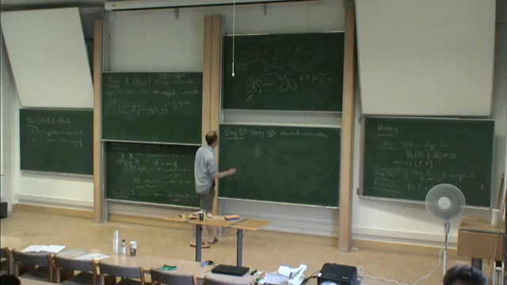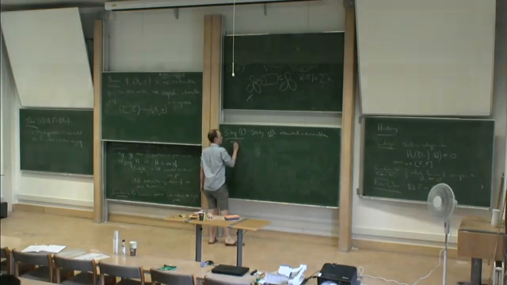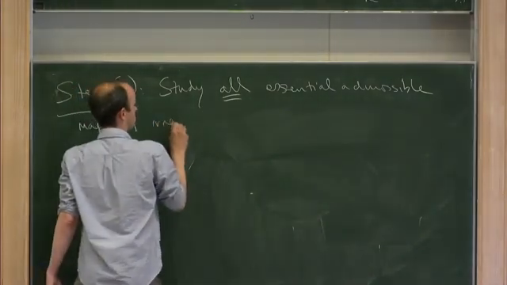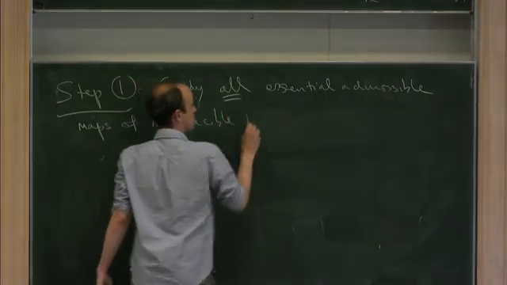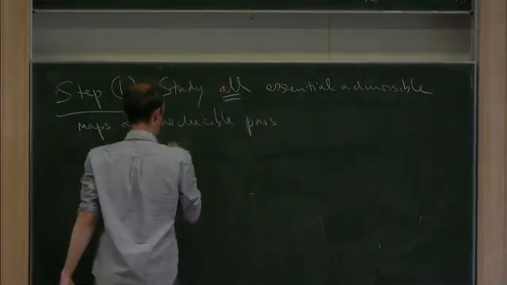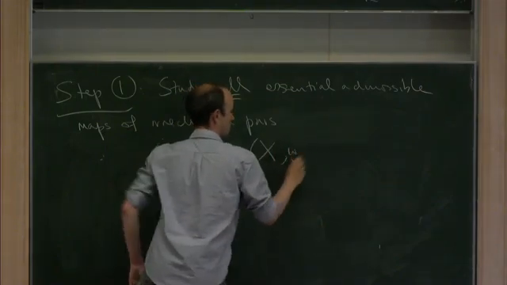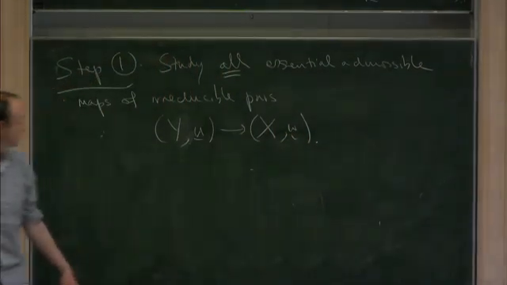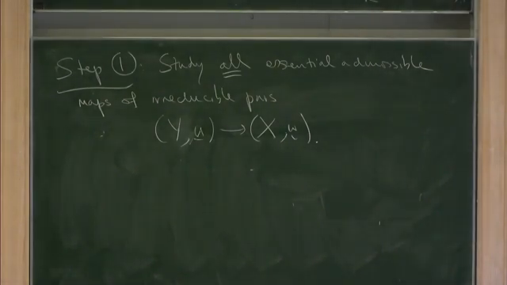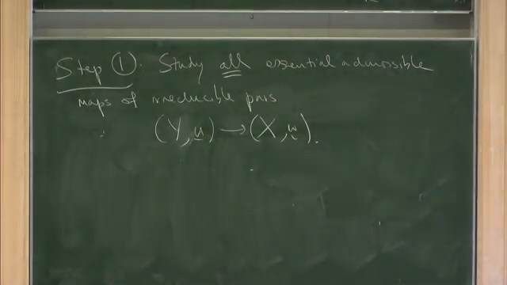So study all essential admissible maps of irreducible pairs from Y, U to X, W. Okay, I'm going to do that, but how am I actually going to do that?